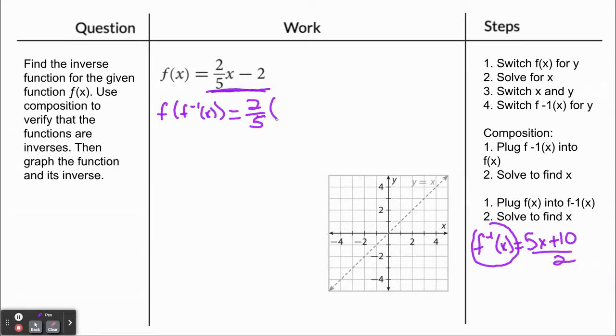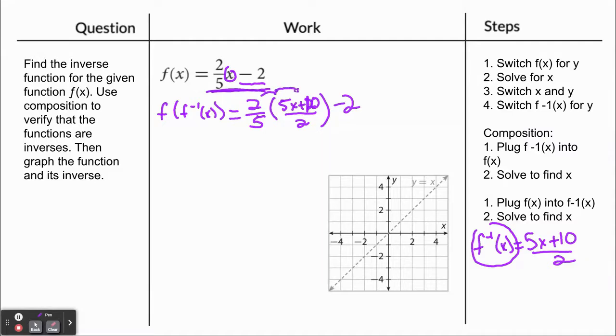So 2/5 times (5x plus 10)/2. And then I'm finishing out, again, that was just the x value here, so minus 2. So then I'm going to multiply this through here.